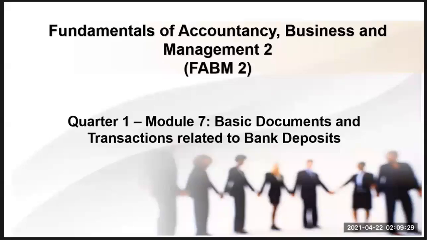At the end of this discussion, we should be able to identify the types of bank accounts normally maintained by a business, differentiate a savings account from a current or checking account, prepare bank deposit and withdrawal slips, identify and prepare checks, and identify and understand the content of a bank statement.